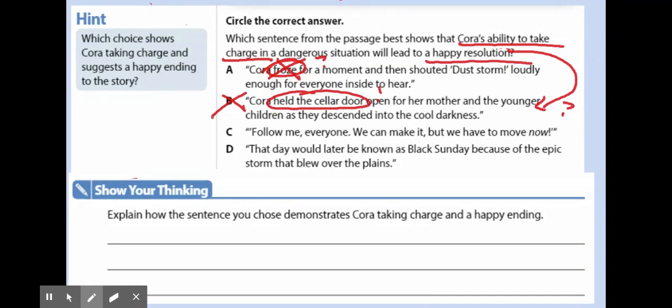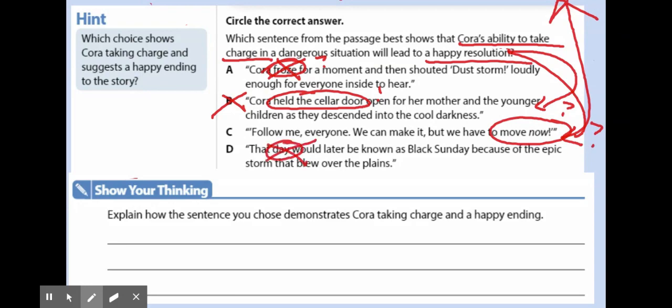So that's no. C says, "Follow me, everyone. We can make it, but we have to move now." That now is taking charge. And when she's talking to everyone, that is to the whole family having a happy ending and a happy resolution. But we're not sure if that's the right answer. Let's go ahead and look at D before we make our final decision.